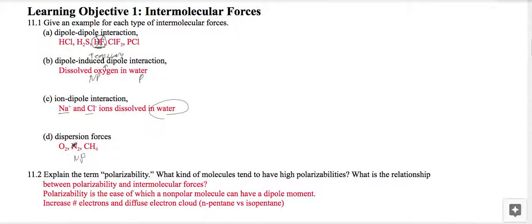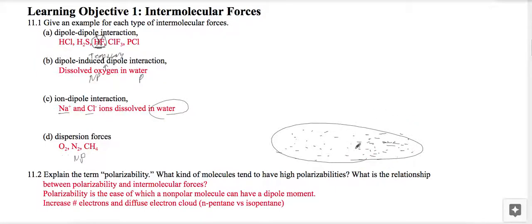So there we go. Polarizability. We talk about how squishy the molecule is, or how easily those electrons are able to get pushed to one side of the molecule. Imagine this were some kind of very large molecule, and all of these dashes are where the electrons could be.